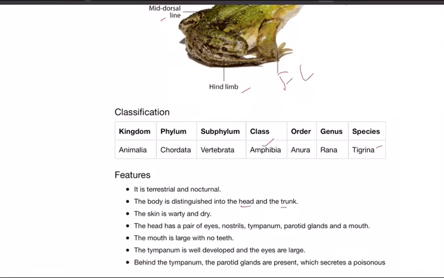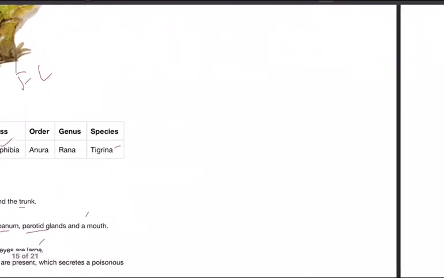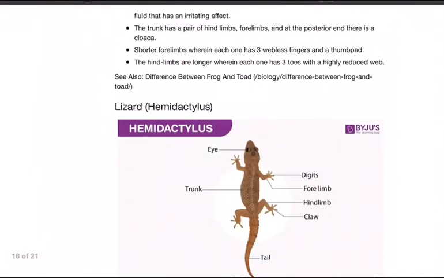What are the features? It is terrestrial and nocturnal, nighttime moving. The body is distinguished into head and trunk. The skin is waxy and dry. Head has a pair of eyes, nostrils, tympanum, parotid glands and a mouth. The mouth is large with no teeth. Tympanum is well developed and the eyes are large. Behind the tympanum, the parotid glands are present, which secrete poisonous fluid that has an irritating effect.